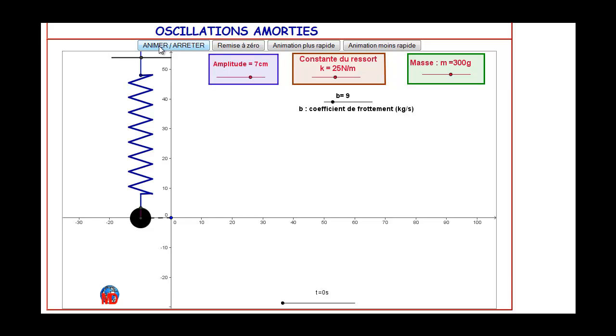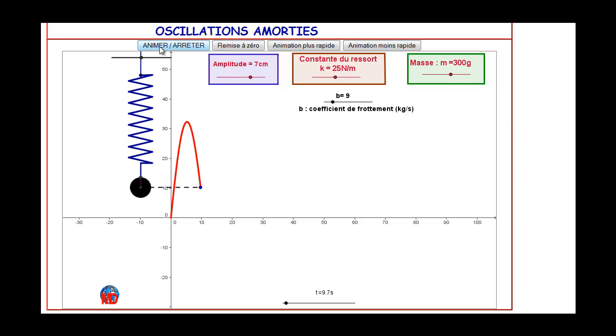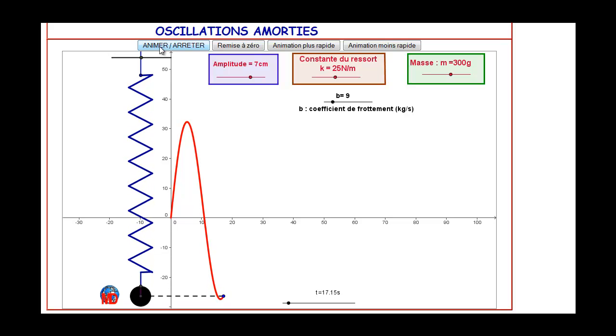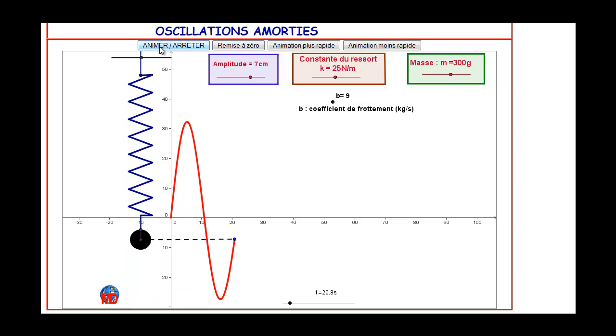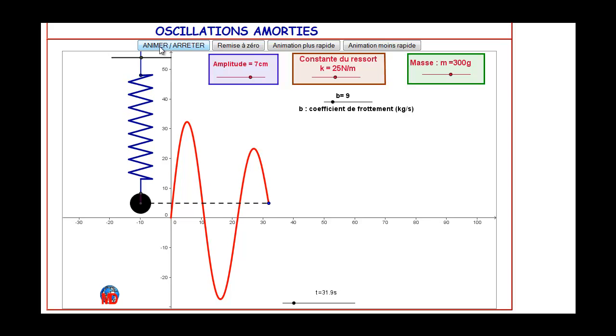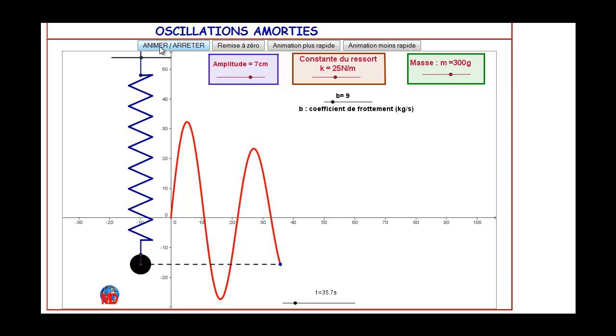Damped harmonic motion occurs when we assume some sort of friction. For example, with the spring, there's air resistance that will slow down the spring. So here our spring is moving, and we see that it doesn't come back up as high or go down as low as it did at first.